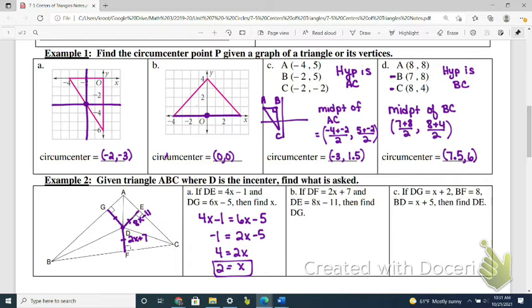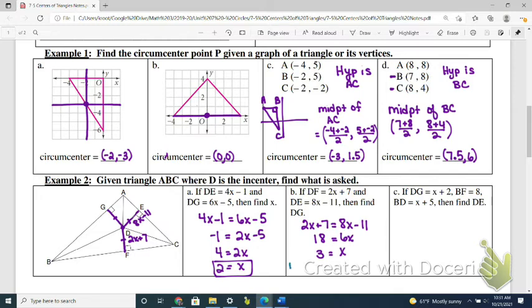So to find x, again, I'm going to set them equal to each other. So 2x plus 7 equals 8x minus 11. So we subtract 2x, I get 6x. I'm going to add 11, which is 18. So x equals 3. But then I need to find the length.